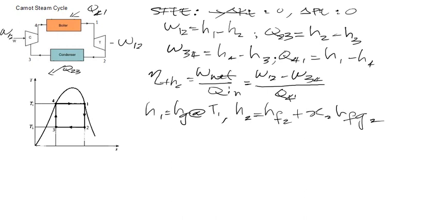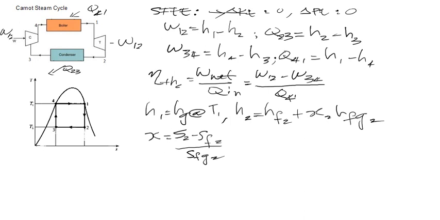And the X value, as usual, you are going to get the X value of 2, the quality or the dryness fraction. It's basically, we are going to get that based on what? Based on the entropy. Okay, so this is S2 minus SF2 divided by SFG2.